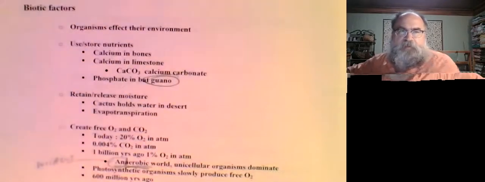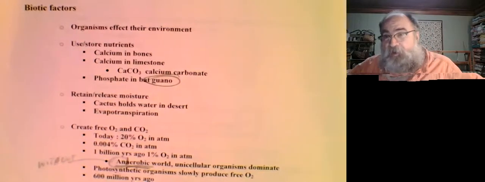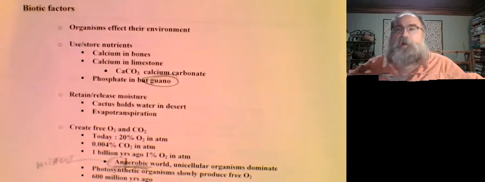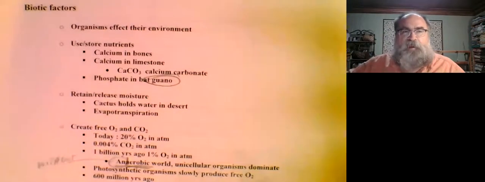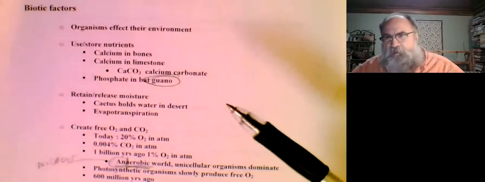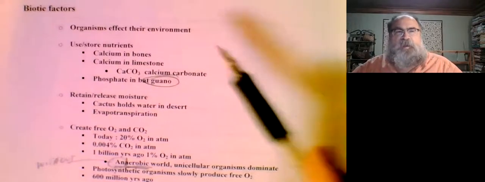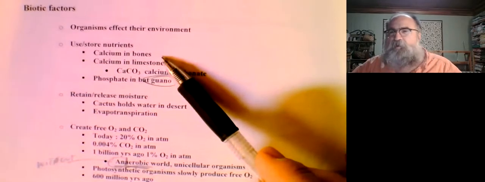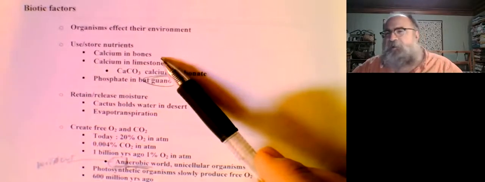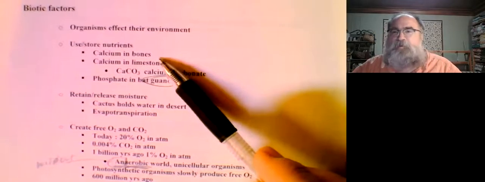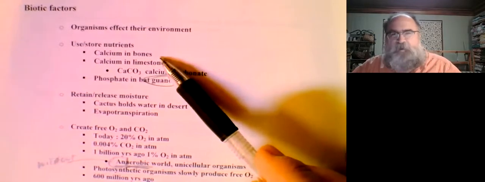And so now we're going to look at biotic factors. The biotic factors are also going to affect what can live here, what can live there. And so, we take a look and we see, biota, the living organisms, they can store nutrients, they can use nutrients. Of course, we need to take nutrients from our potato or our asparagus or our cow or pig. We're taking their nutrients that they gathered and we're using it ourselves.